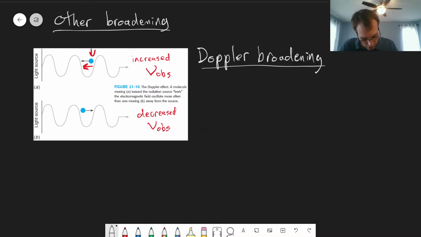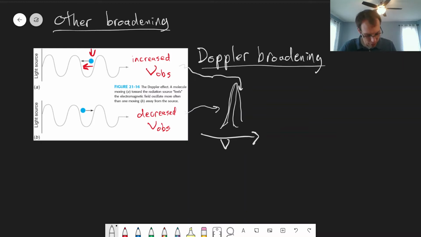So if we consider the natural broadening, it looks something like this. Some of the atoms in our sample are moving towards the light, so this is our frequency on the bottom here. For the atoms that are moving towards the light, they're going to show up at a little bit higher frequency than this. And these ones that are moving away are going to show up at a little bit lower frequency.